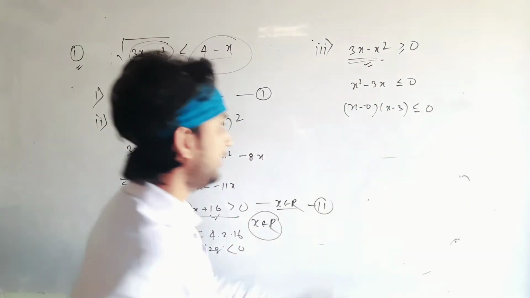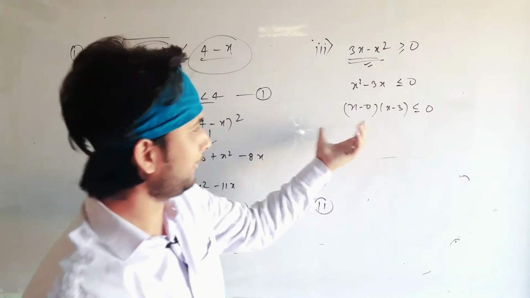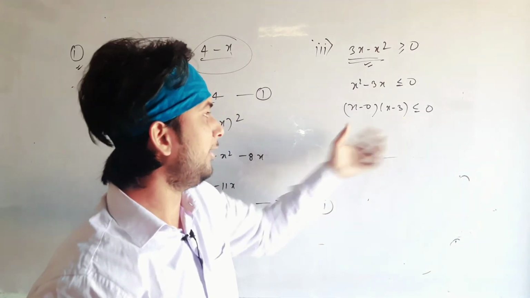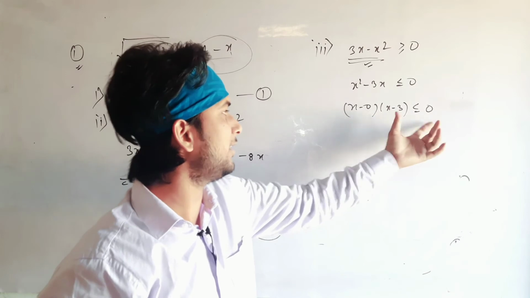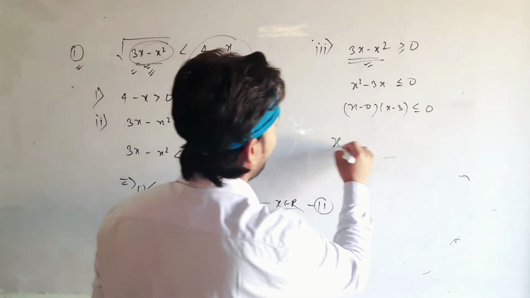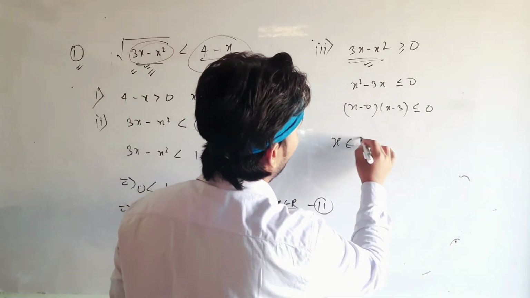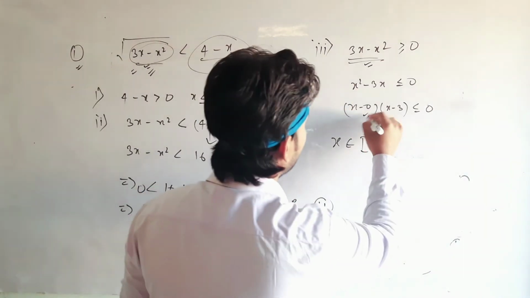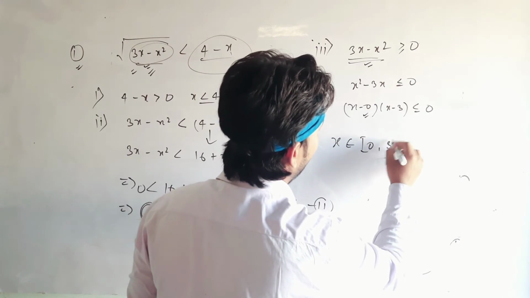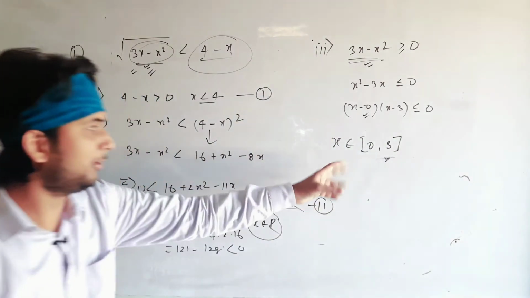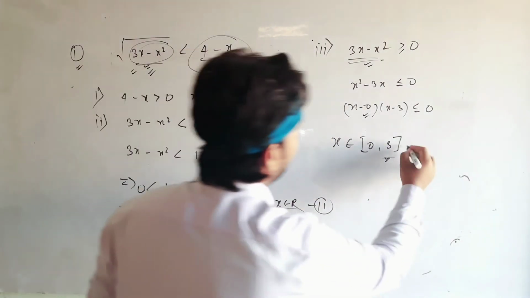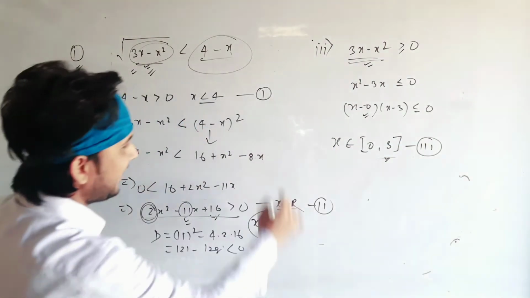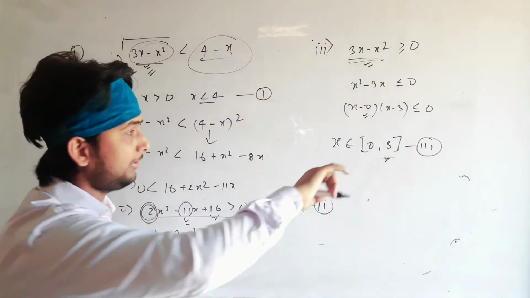And I have taught you the tricky concept that when you find this expression less than or equal to 0, you have to say chotki to badki. Chotki means the smaller one, badki means the bigger one. Chotki means 0 and the bigger one is 3. That's okay. And x belongs to 0 to 3. Okay, and you have to take the intersection between these three conditions.